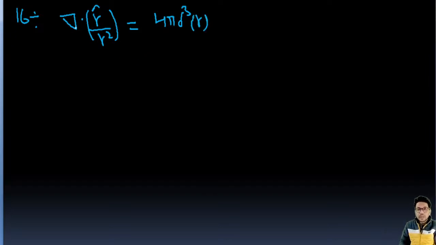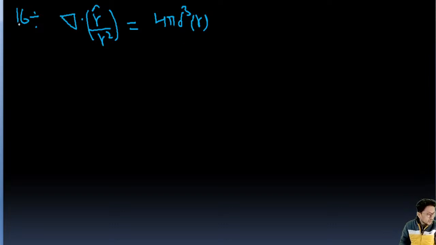In the last class we found the divergence of r cap upon r square, and that was giving 0, and that was wrong, right? So for solving this vector, the divergence of r cap upon r square, we use the Dirac delta function, and using it, we get this value, 4 pi del cube r.